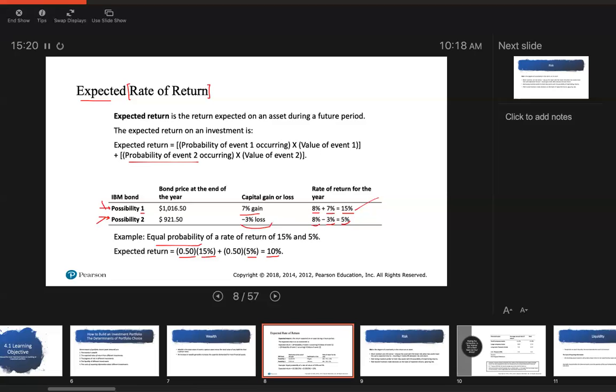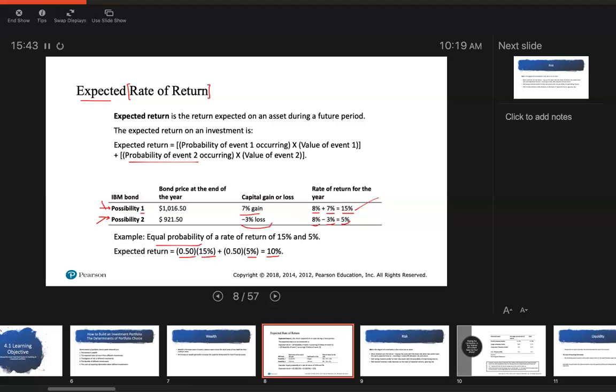The point here to clearly understand is that there is never going to be a day where I will earn a 10% return, right? Either I'll earn 15% for the year or I'll earn 5% for the year. But if I stay invested in this for long enough, about 50% of the time that I'm invested in this product, I see a 15% return.